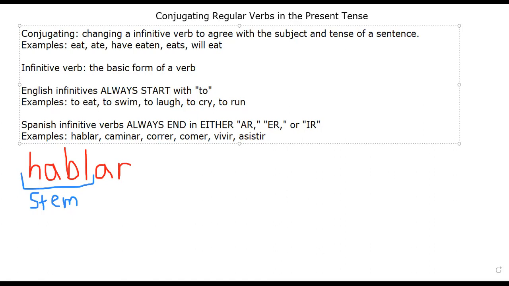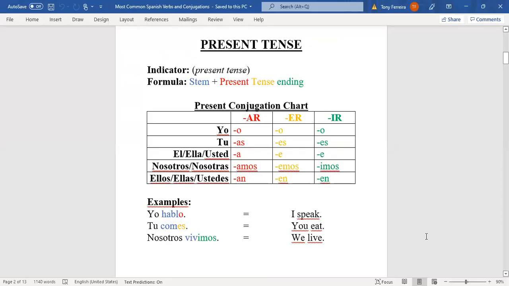Now let's look at a chart that'll show us how to conjugate verbs in Spanish. This right here is called the conjugation chart. This tells us how to conjugate our verbs according to the subject. In case you haven't seen our other video, these words here on the left-hand side are the subject pronouns.